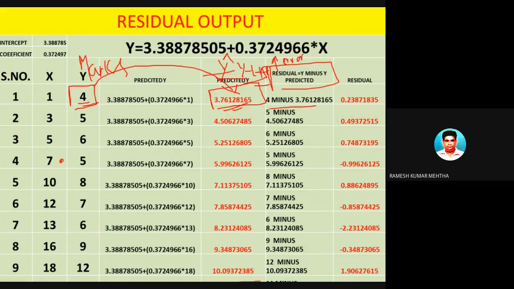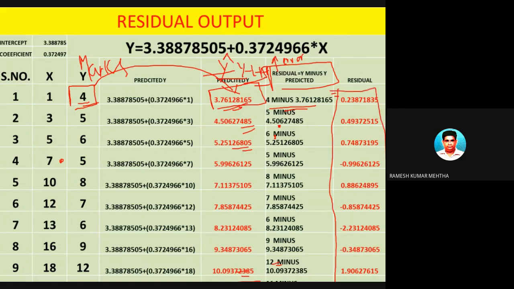So the predicted value of y is subtracted from y: in the first case, y minus this value. In the second case, 5 minus this value. In the third case, 6 minus this value, and so on and so forth. In the last case, 12 minus this value, and in the last case, 11 minus this value. And when I find out the value, I will get the residuals like this. So this is the residual.